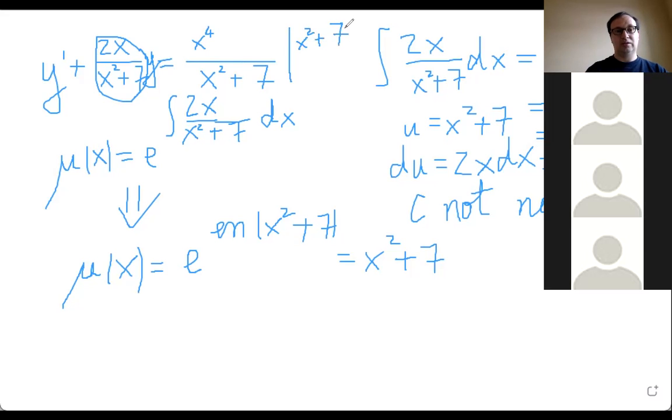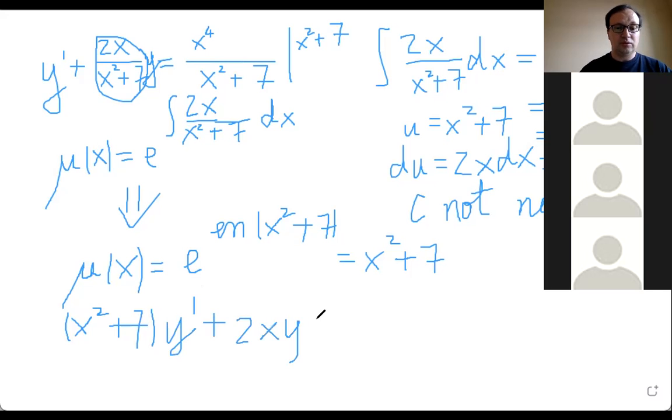And we get x squared plus 7 times y prime plus 2xy is equal to x to the fourth.